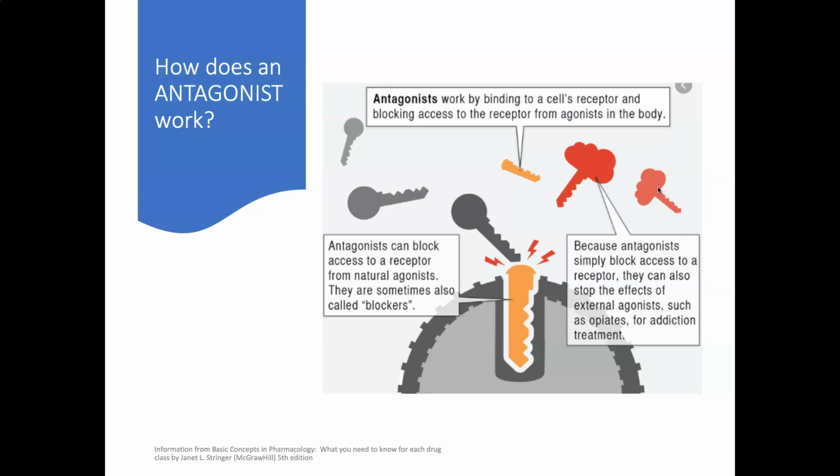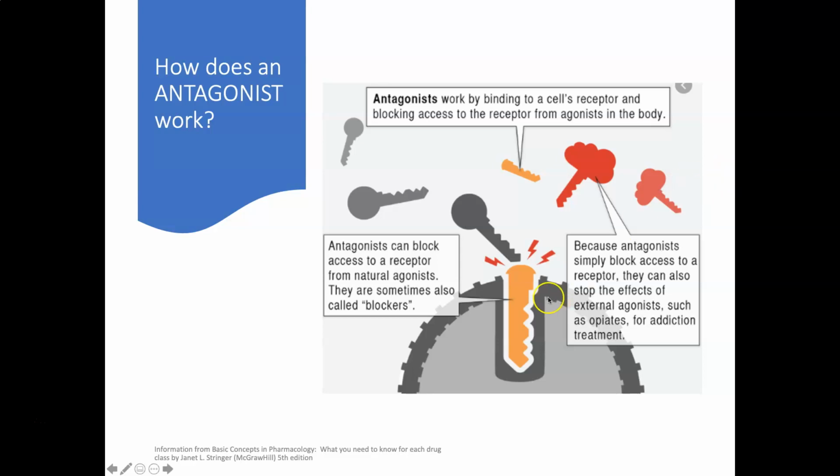So an example of an antagonist that they give you is naloxone, which is also known as Narcan. And this is an opioid antagonist. It has no effect of its own, but it will completely reverse the effects of any opioid agonist that has been administered.